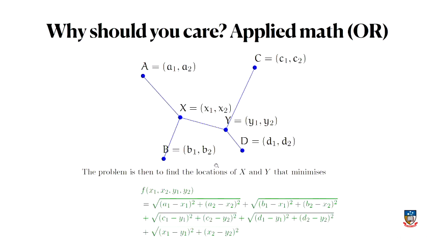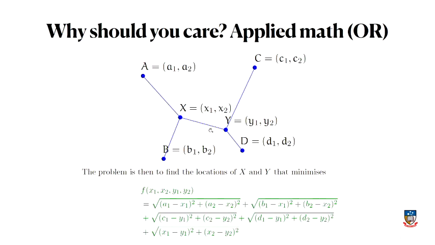So the problem there is then to find where to put these new warehouses X and Y such that you minimize the total length of all of these blue lines. So this cost function here is the distance from A to X, where A has coordinates A1, A2 and X has coordinates X1, X2. The next one is the distance from B to X. Then we have from C to Y, we have from D to Y, and we have the distance between X and Y. Those are all the terms there.